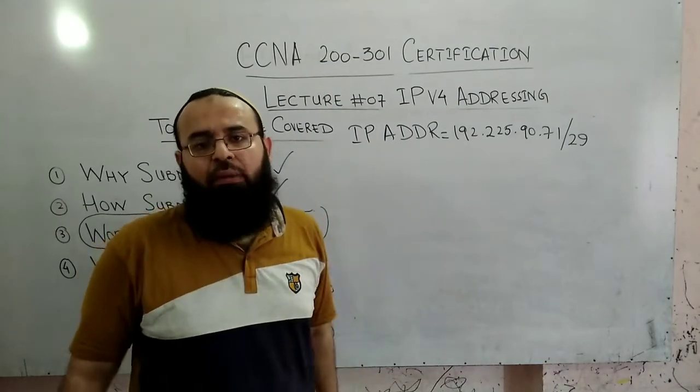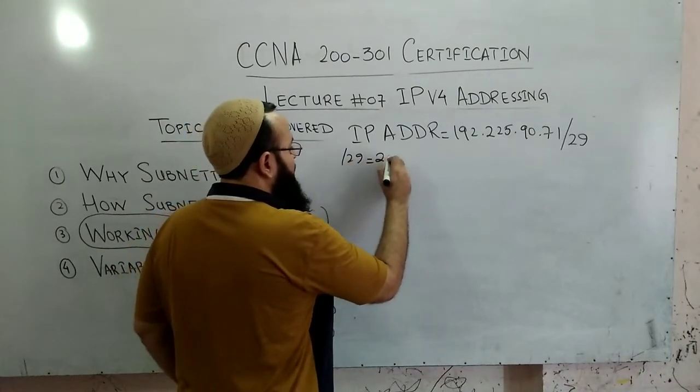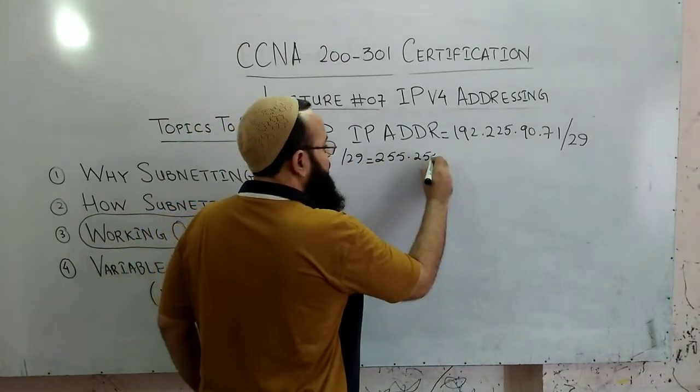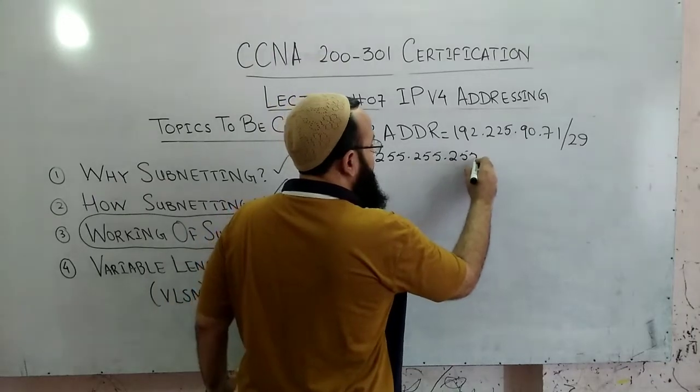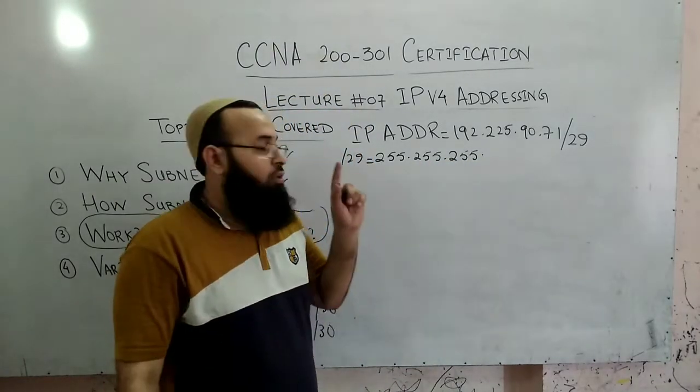Now the subnet mask will come into play. /29 basically means 255.255.255.248.